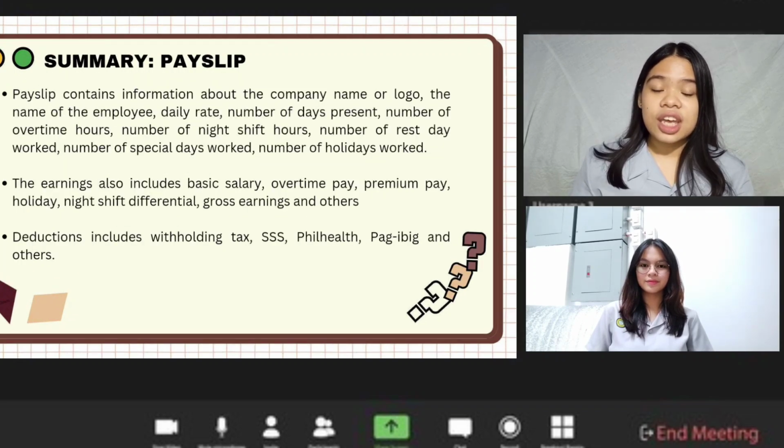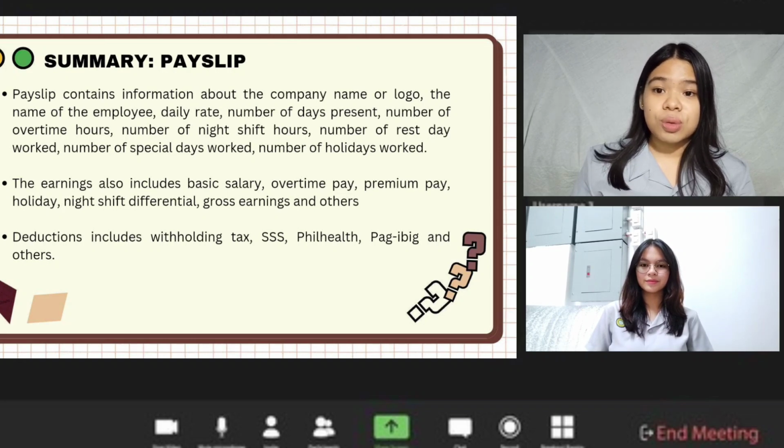Payslip contains information about the company name or logo, the name of the employee, daily rate, number of days present, number of overtime hours, number of night shift hours, number of rest days worked, number of special days worked, and number of holidays worked.